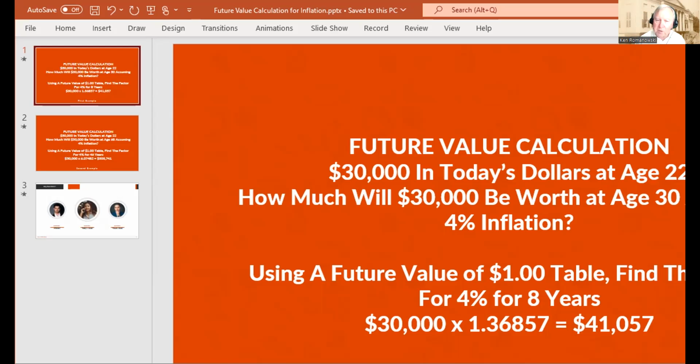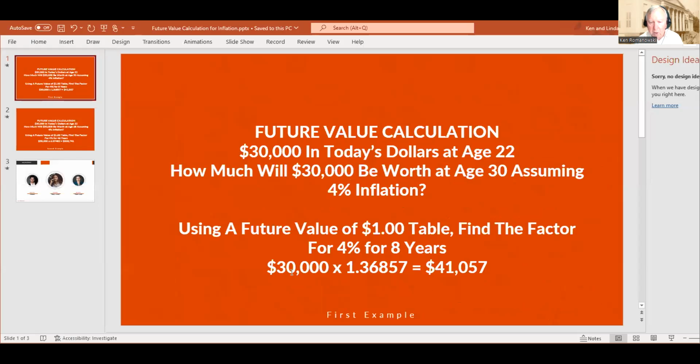This is a factor that you're going to be multiplying into the present value of your goal. So again, 4% inflation rate for 8 years, the factor is 1.36857. You're going to multiply 30,000 times 1.36857.